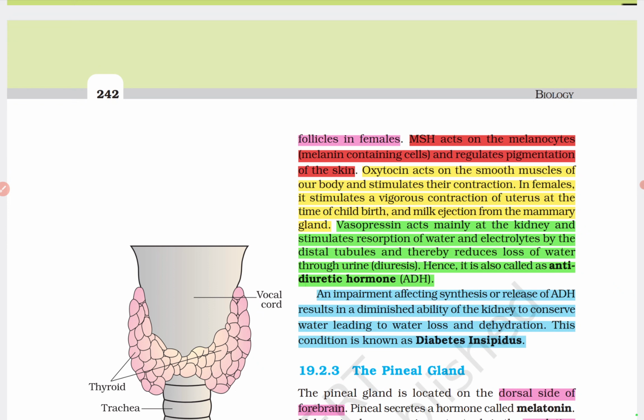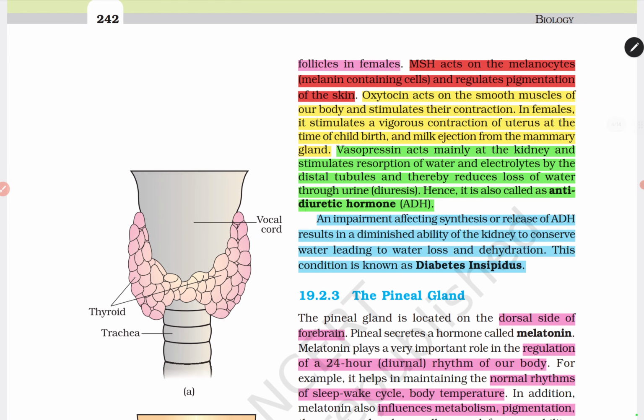Oxytocin acts on the smooth muscles of our body and stimulates their contraction. In females, it stimulates a vigorous contraction of the uterus at the time of childbirth and milk ejection from the mammary glands. Vasopressin acts mainly at the kidney and stimulates reabsorption of water and electrolytes by the distal convoluted tubule and thereby reduces loss of water through the urine, that is diuresis.